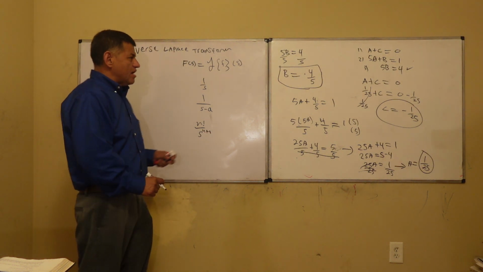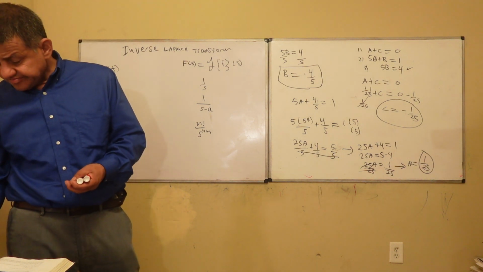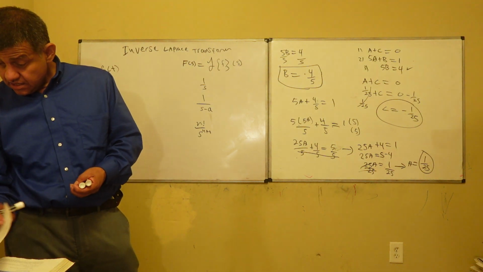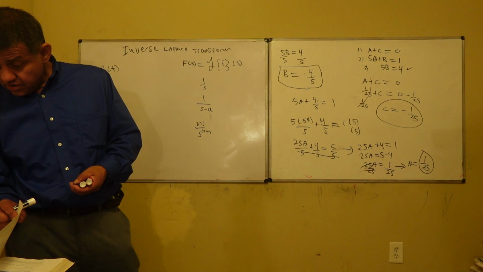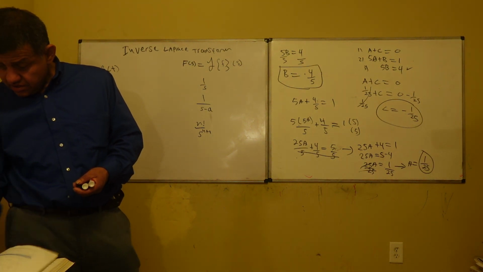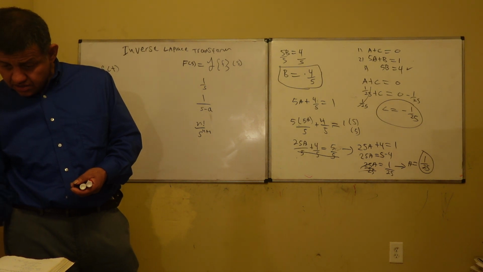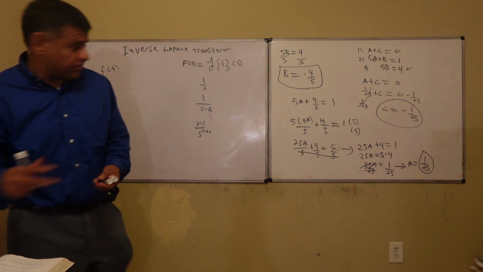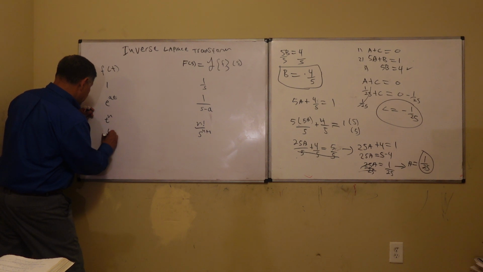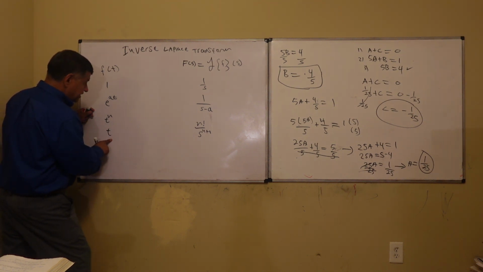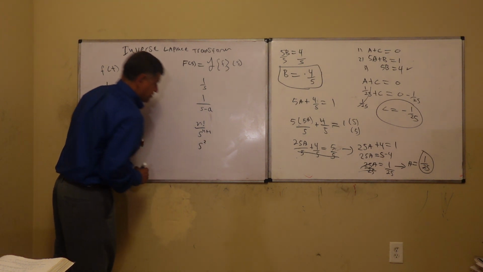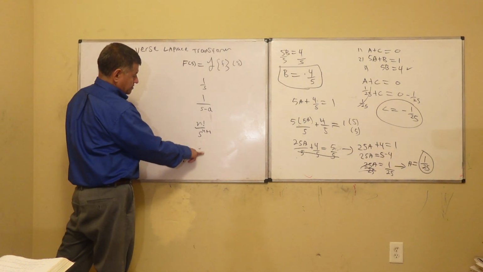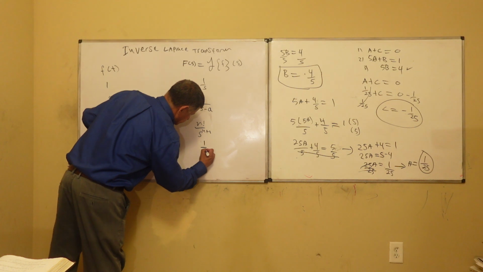So now we're dealing with this table. The other one that I know of is t, which gives 1 over s squared.